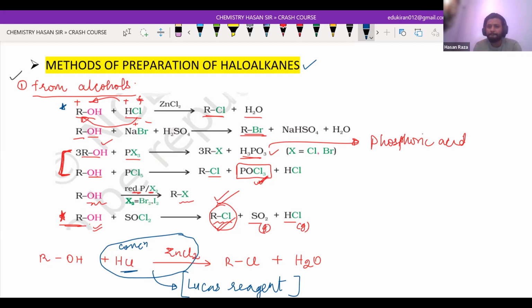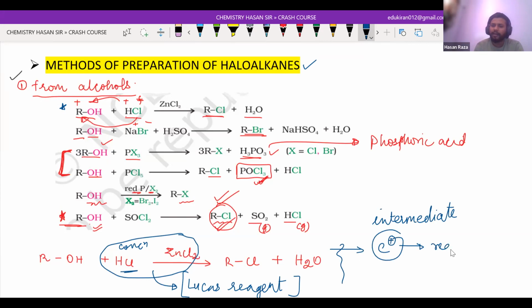Is that clear? Also, it's very important to note that through this reaction, you will get a carbocation as the intermediate. And whenever the intermediate is a carbocation, there will be a rearrangement if possible.